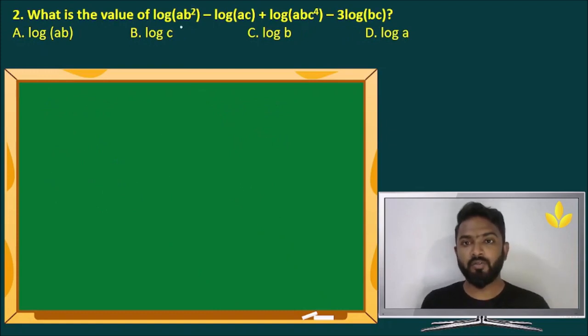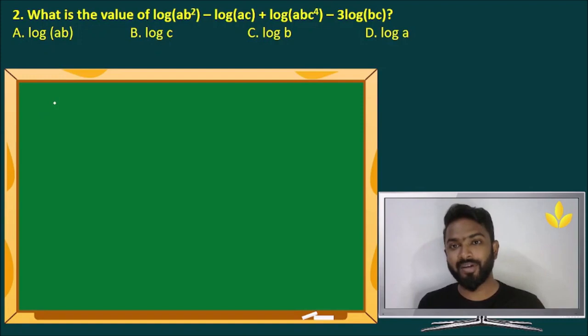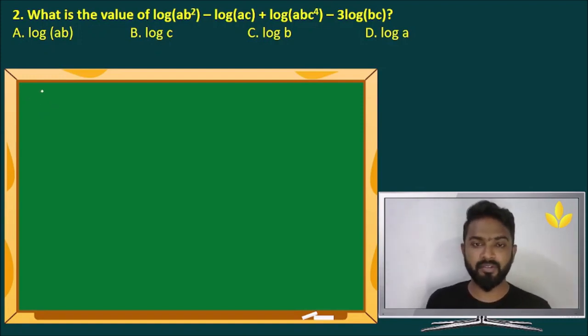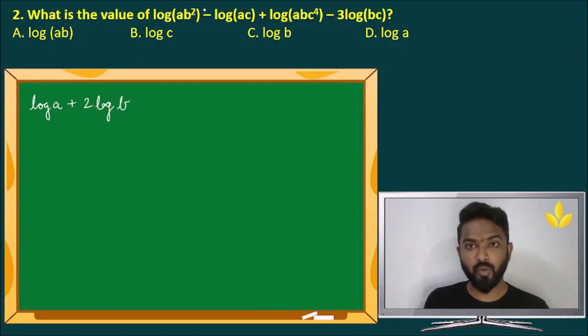What is the value of log this, log this, log this, minus log this? The best way of solving such questions is to expand everything, separate everything. Let's do that. We have log of a plus 2 log of b. Why 2 log of b? Because it is log b square, and the property of log is that if it's log of b to the power something, that power gets multiplied with the log.